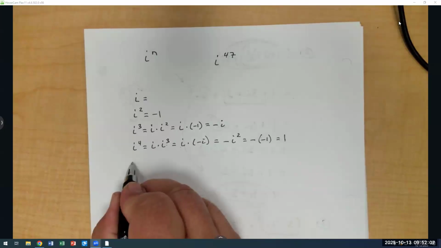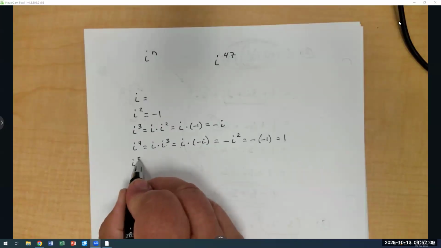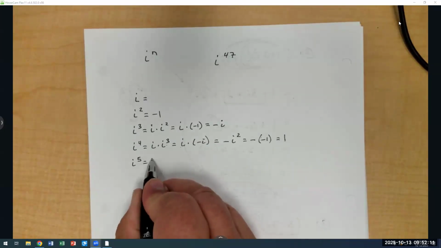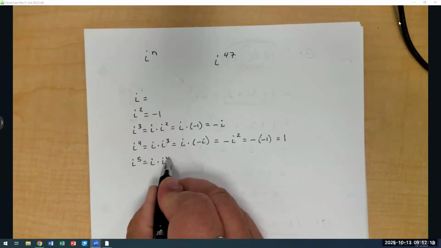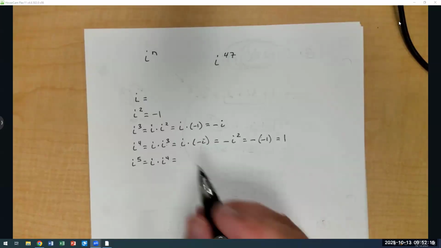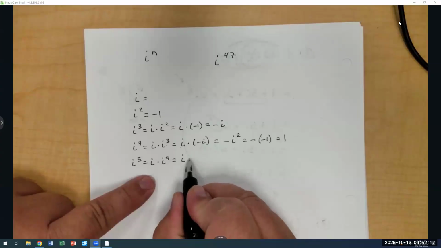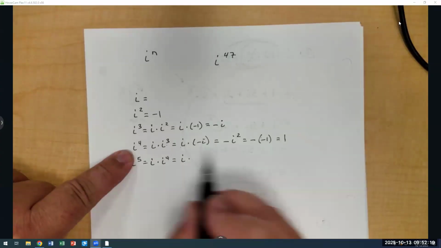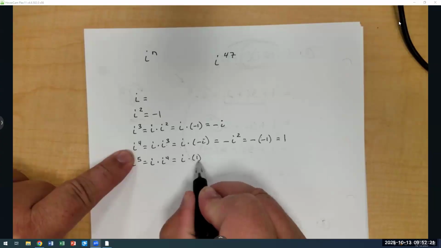Let's keep on going. i to the 5th is i times i to the 4th. We know i is i. i to the 4th we know is 1.